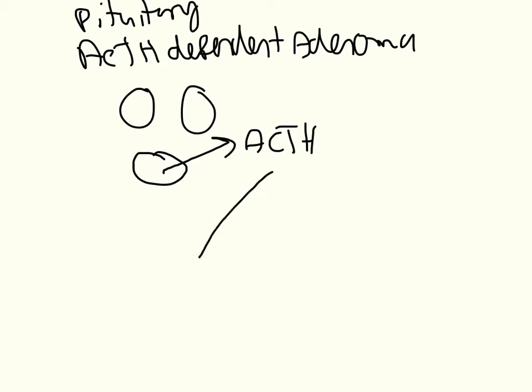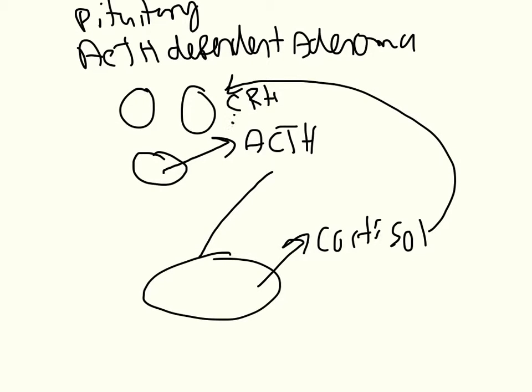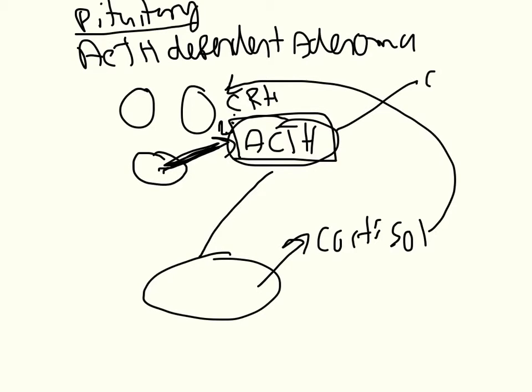It will come down to the adrenal gland and cause production of cortisol, which will feed back and inhibit CRH. So you have a really decreased amount of CRH, and the decreased CRH is not able to stop the ACTH because it's an ACTH producing tumor. So this is in the pituitary and it depends on ACTH. This would be considered Cushing disease.